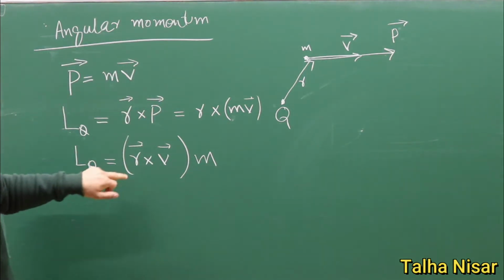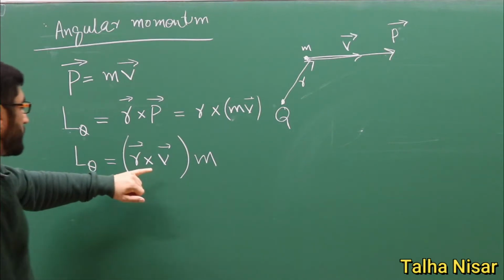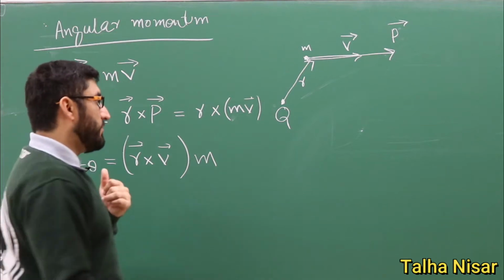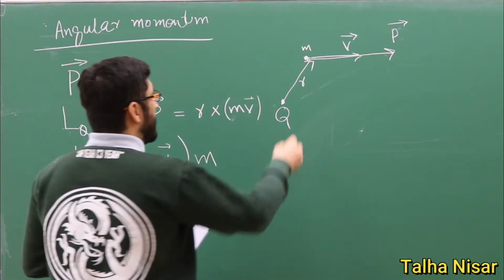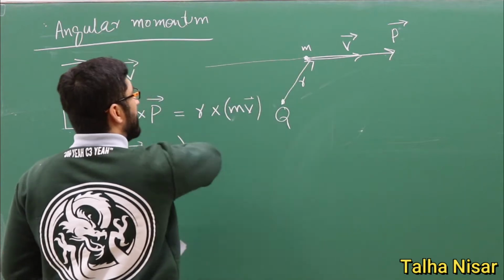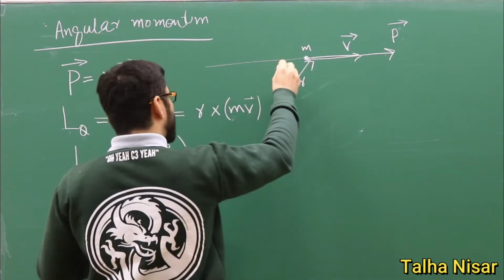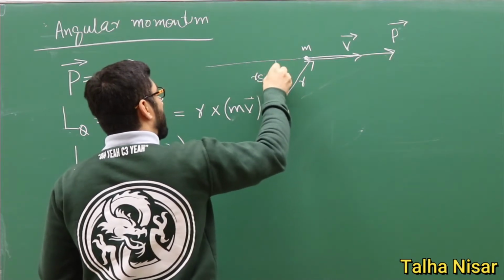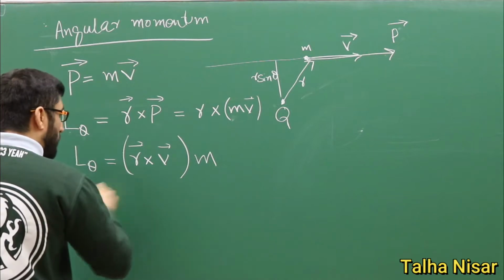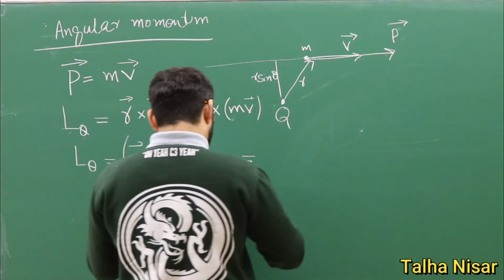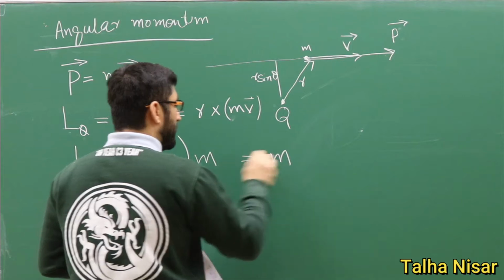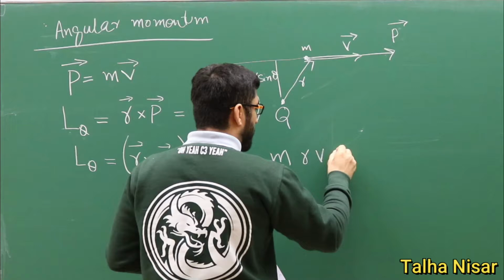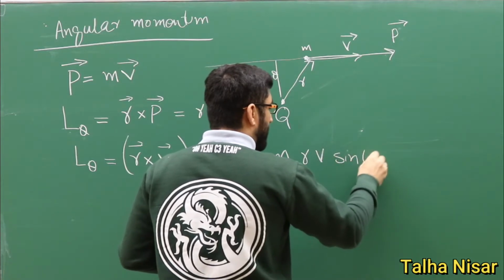We know that R cross V is a cross product, so we can write it in terms of the angle, for example, in terms of the sine of theta. If we extend this one here, this will be our R sine of theta. So we have the m here, and then the magnitude of R, the magnitude of V, and the sine of theta.